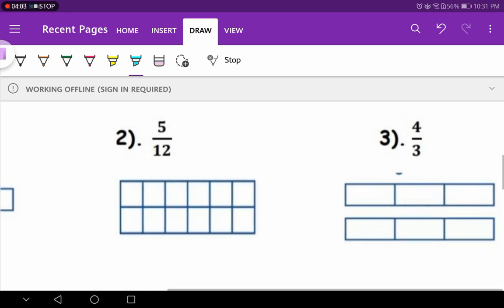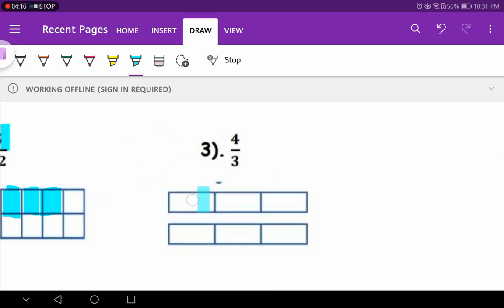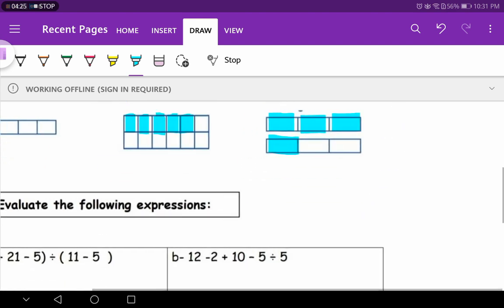Now here he asked me to color 5. 1, 2, 3, 4, 5 parts. We are done. Here he asked me to color 4. 1, 2, 3, 4. We are done. Okay, my dear student? Okay.